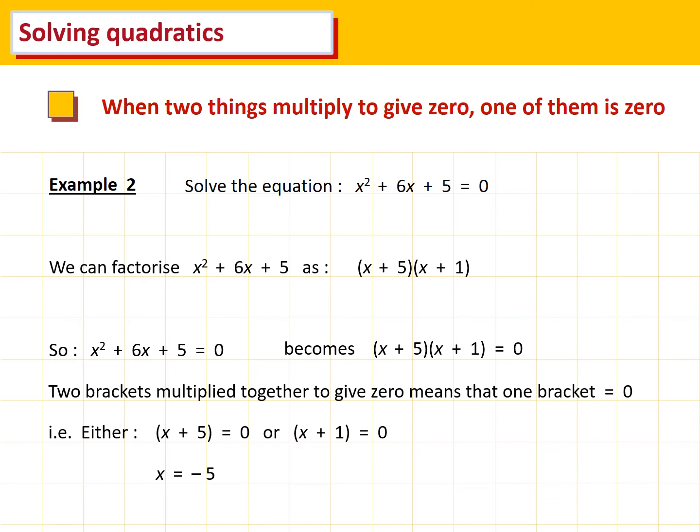And if x plus 1 equals 0, x would have to be negative 1. And once again, we can check our answers by substituting negative 5 into the quadratic expression, and it should give us 0. And then taking negative 1, substitute it into the quadratic expression, and it should give you 0. And if it does, you know both of your answers are correct.